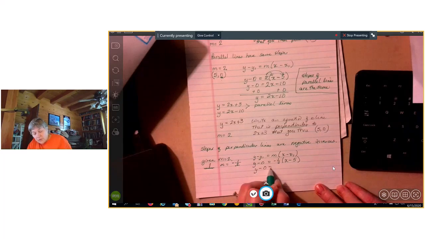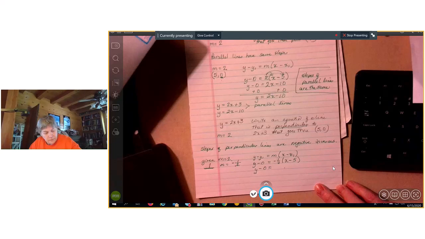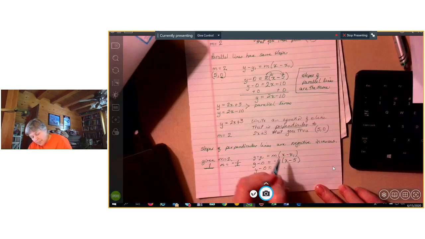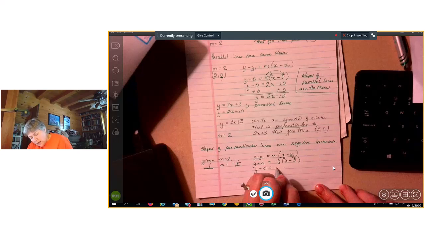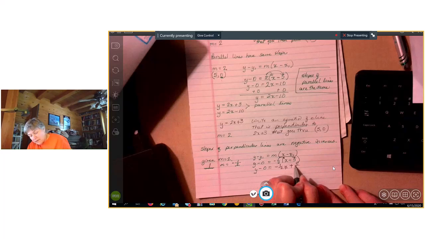We can't do anything on this side, not yet anyway. So, according to my PEMDAS, I'm going to work on my right side. So I'm going to distribute this. So I've got negative 1/2 x, a negative times a negative here is a positive, plus 5 times 1/2, which is going to be 5/2.